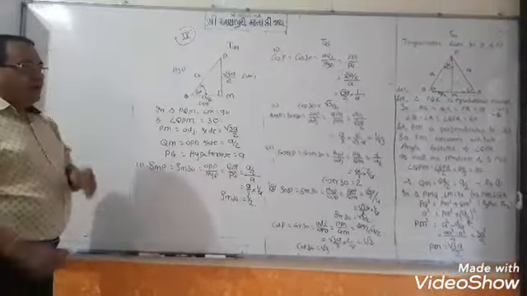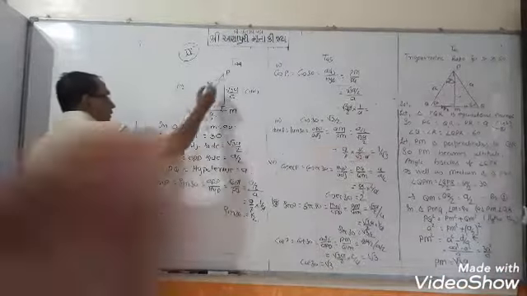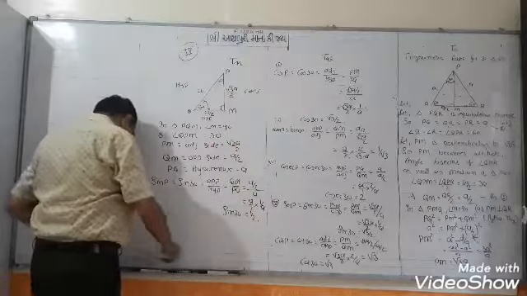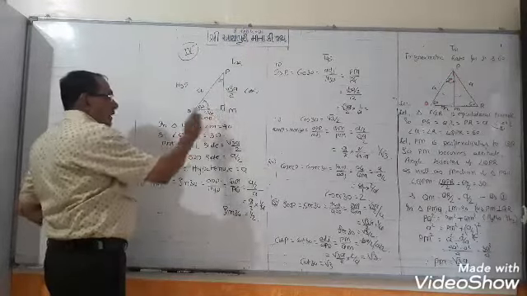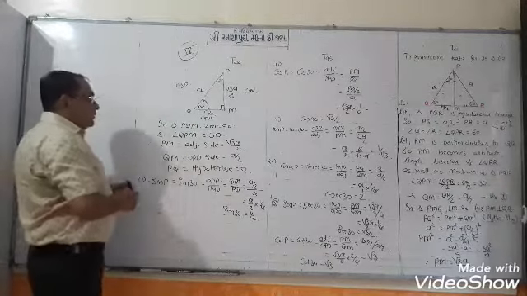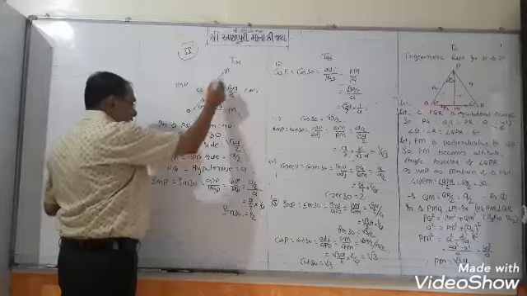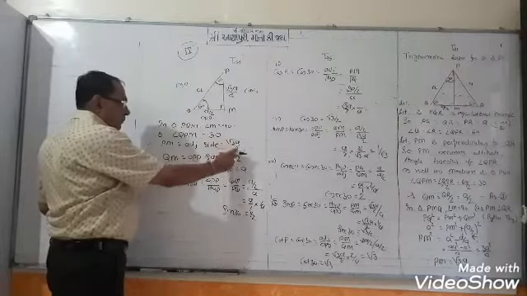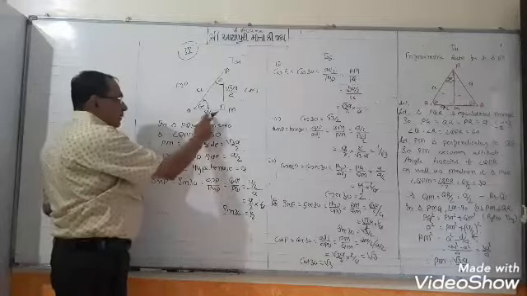Now we will find the trigonometry ratios of 30 degree. In triangle PQR, M is 90, Q is 60, P is equal to 30. Therefore, QPM is 30. Therefore, PM is the adjacent side, root 3 upon 2. QM is the opposite side, a by 2.